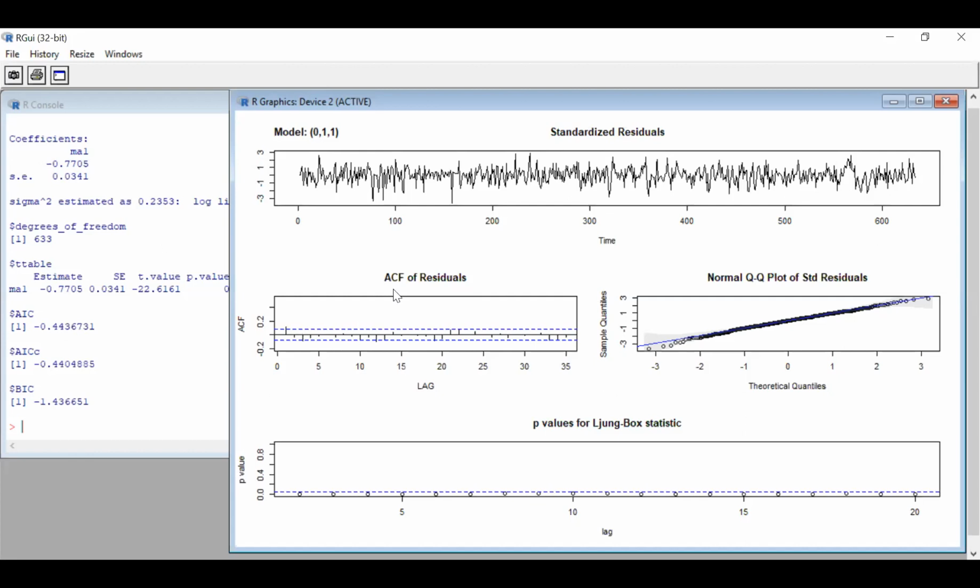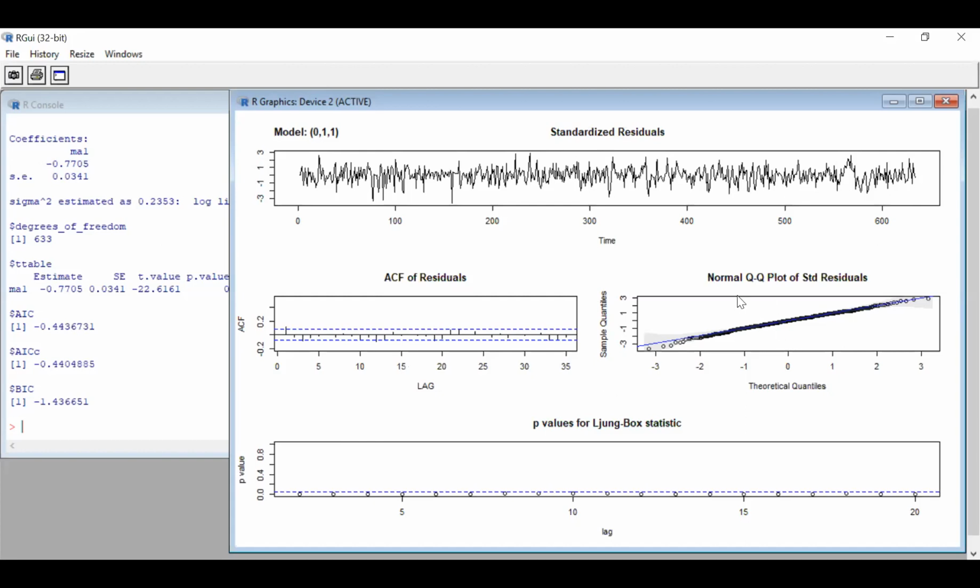So from the second picture, the ACF of the residuals, we can say the residuals are IID, independent, okay? And the first one shows the constant standard deviation, right?